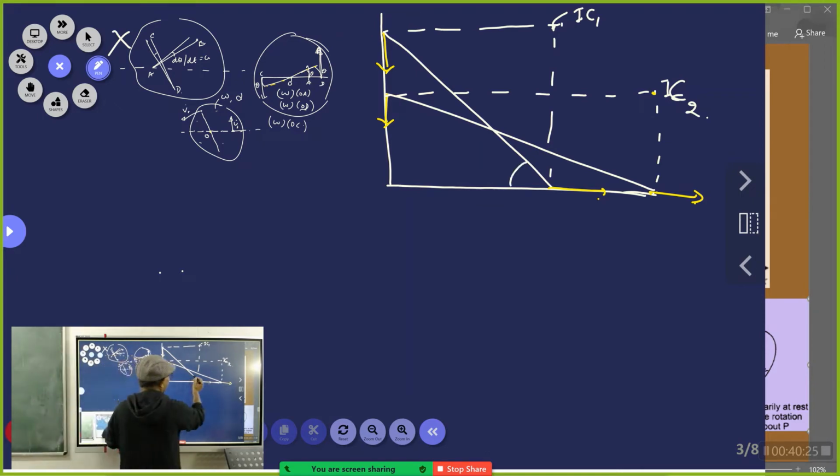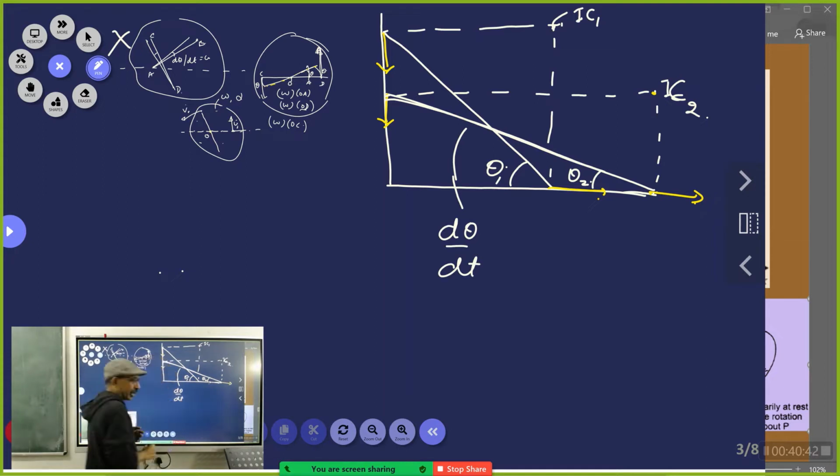That is, if you say this is theta, and as it proceeds, this is theta 1, this is theta 2, therefore this rod itself is undergoing angular acceleration. That is, d theta by dt is continuously happening till it comes flat. So this has got omega.